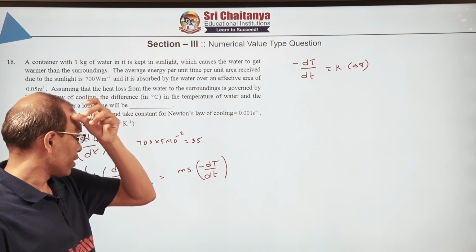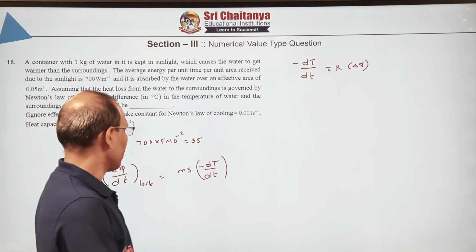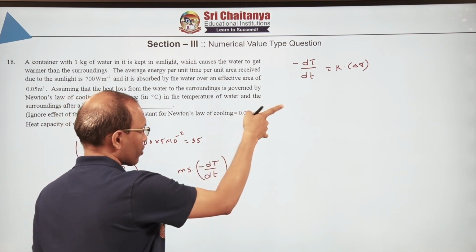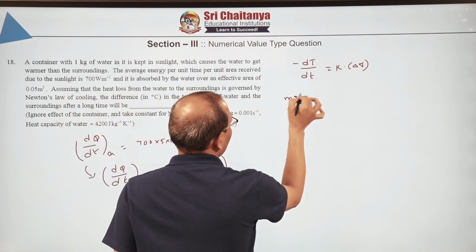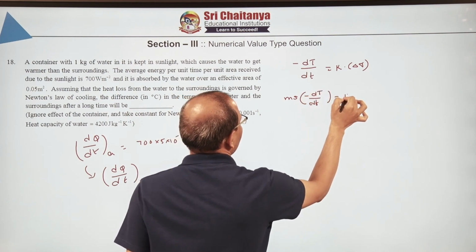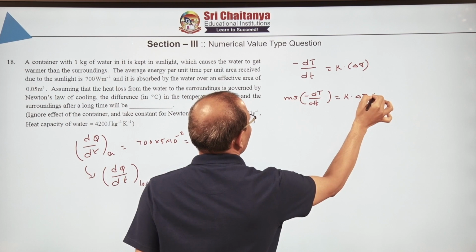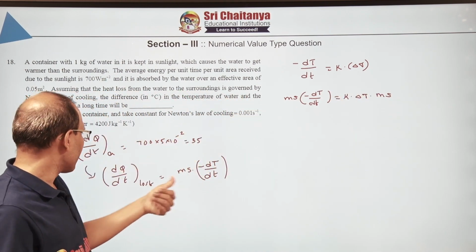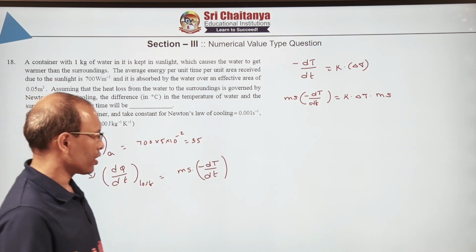Now we can substitute everything here and get delta T. Multiplying both sides with ms, we get ms into minus dT by dt equal to K into delta T into ms. So this ms into minus dT by dt is nothing but the heat absorbed or heat lost, that is 35.